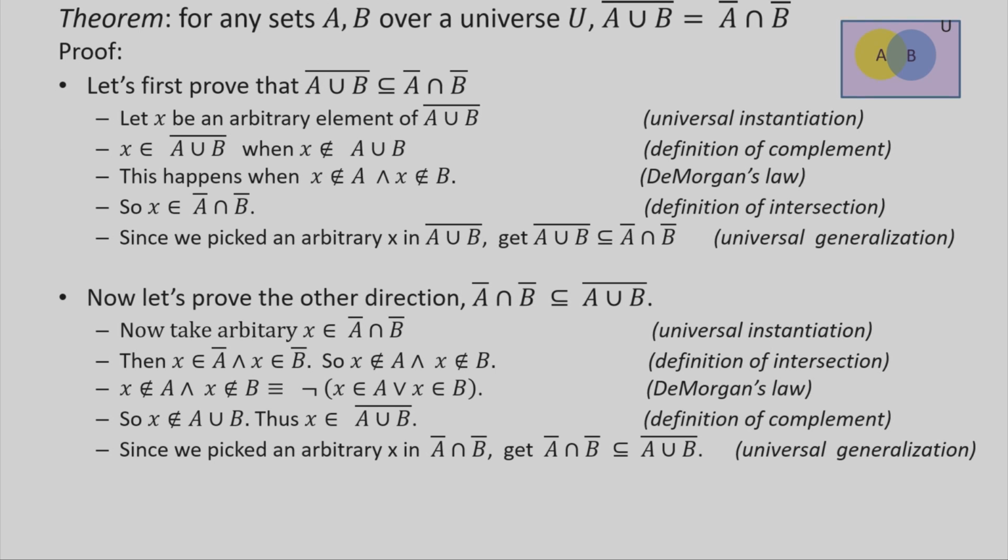By definition of what it means to be in the intersection, x is in complement of A and x is in complement of B. So by definition of complement, it's not in A and not in B. So it's not that x is in A or x is in B, by De Morgan's. Again, it's not in A union B, it's in its complement, and we are done. Finally, because we proved two directions, by definition of what it means for two sets to be equal, we have our equality.